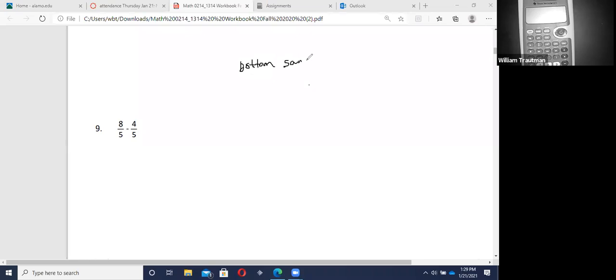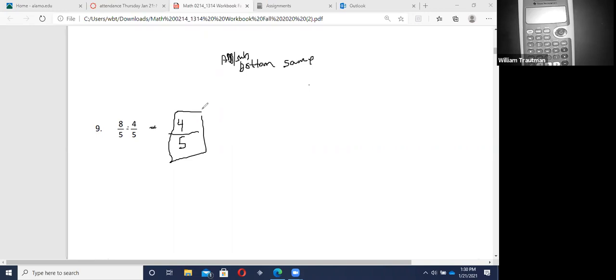So I'm going to go to the add and subtract steps when the bottoms are the same. The steps were add or subtract the tops. 8 minus 4 is 4. Step 2 was don't touch my bottom. Try to reduce it if you can. It doesn't reduce, we're done. So when the bottoms are the same, don't forget, you add or subtract the tops, you don't touch the bottom, and then you try to reduce it.